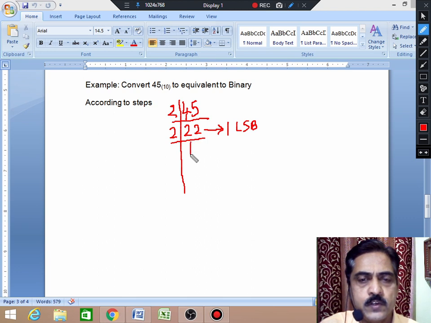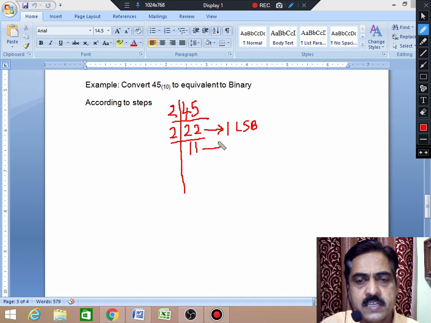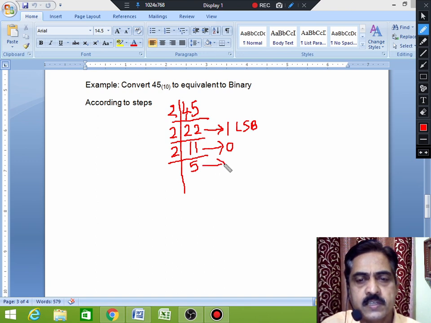Again dividing 22 by 2, I am getting 11 exactly, then the remainder is 0. Again this 11 is divided by 2. Here 2 5s are 10, and again I am having remainder 1.